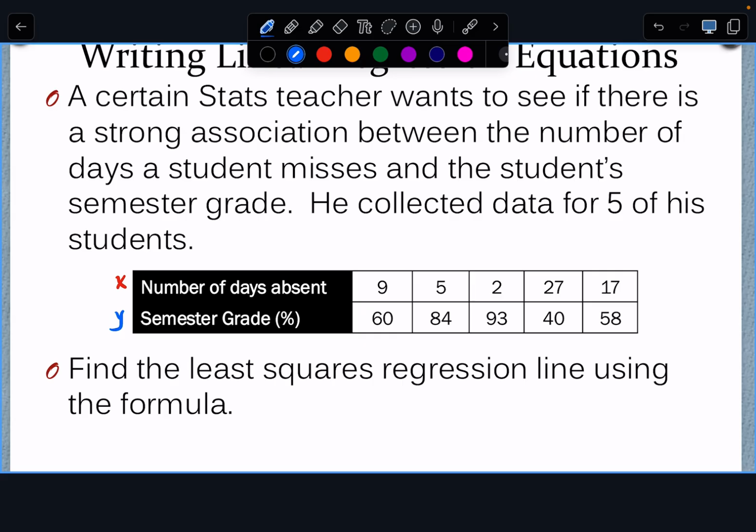So in the calculator, when I have my 2 lists entered, if I go into my stat menu, go over to the calculate tab, and now before, when I wanted mean and standard deviation, we used that 1-Var Stats because we were only working with 1 variable.